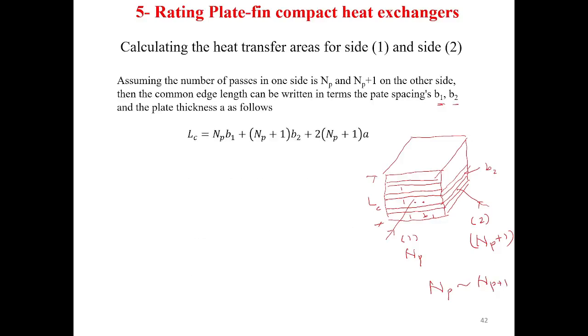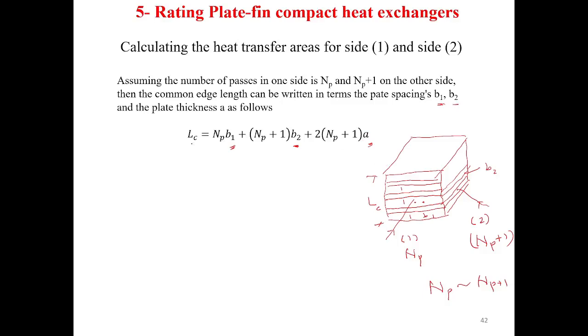So if you have a common edge, then you can write the common edge in terms of the spacing B1 and B2, in addition to how many plates you have and the thickness of each one of the plates. A is the thickness of each plate.